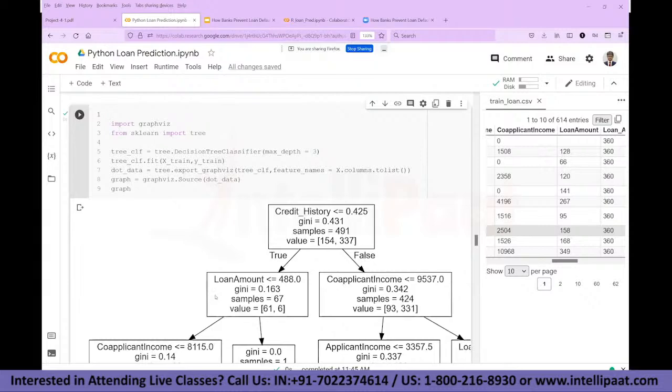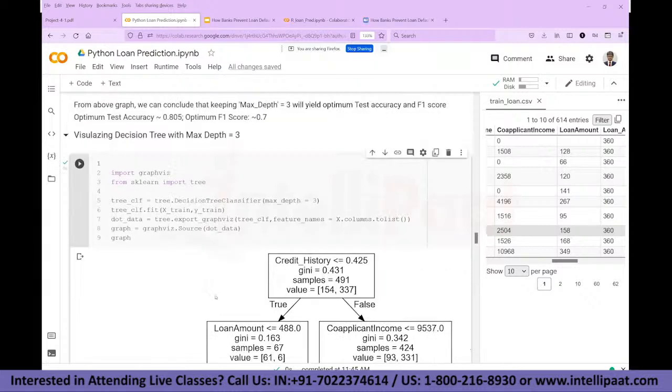This is how internally the Gini index decides which is the most pure node, which features should be used for checking conditions, and how to divide to go deeper inside the tree. All of that happens internally inside your decision tree classifiers.